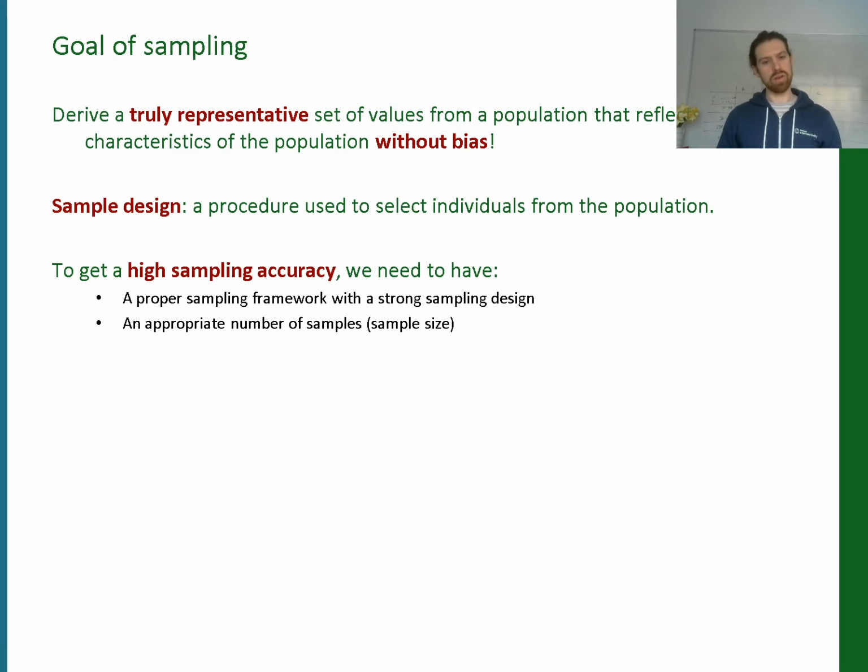We want to get a high degree of sampling accuracy, in which case we need to have a proper sampling framework with a strong sampling design, and we need to have an appropriate number of samples, so a decent sample size in order to minimize bias.